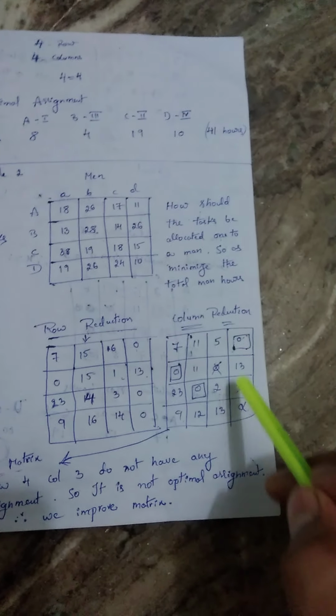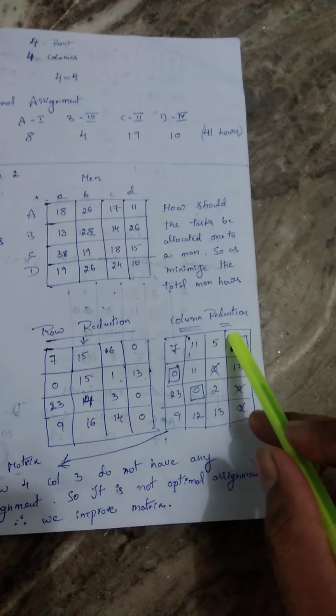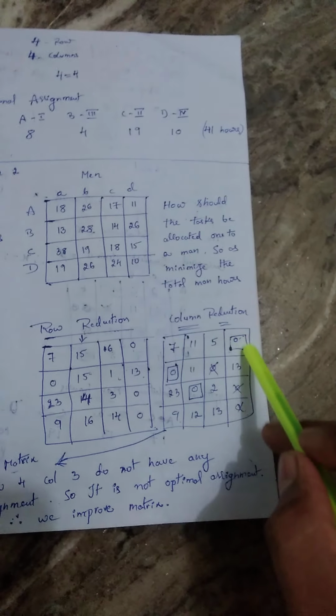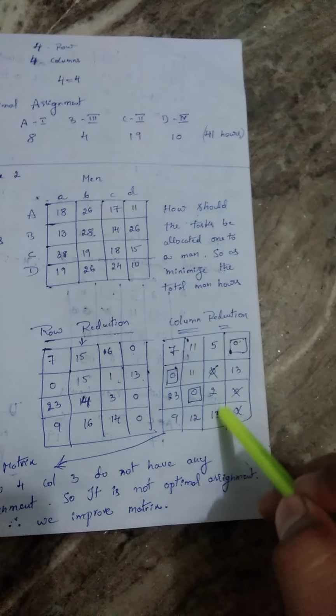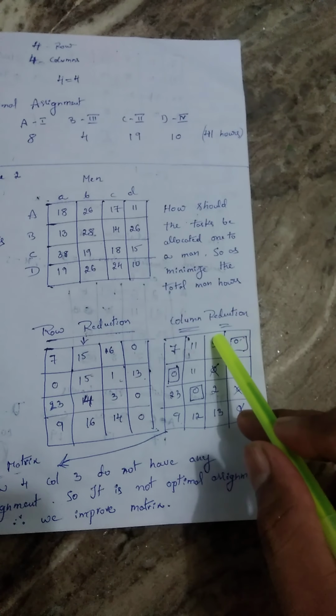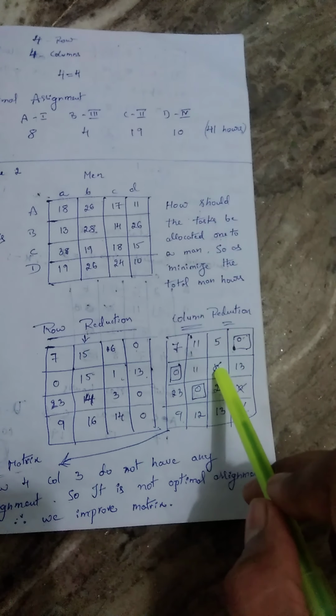Suppose in this first column we take the assignment, we draw a box here and cross the rest of the extra zeros. And for the third column, here is the 0.